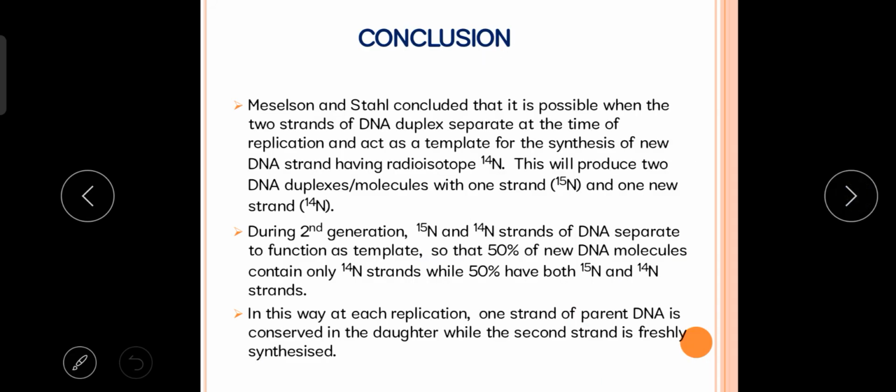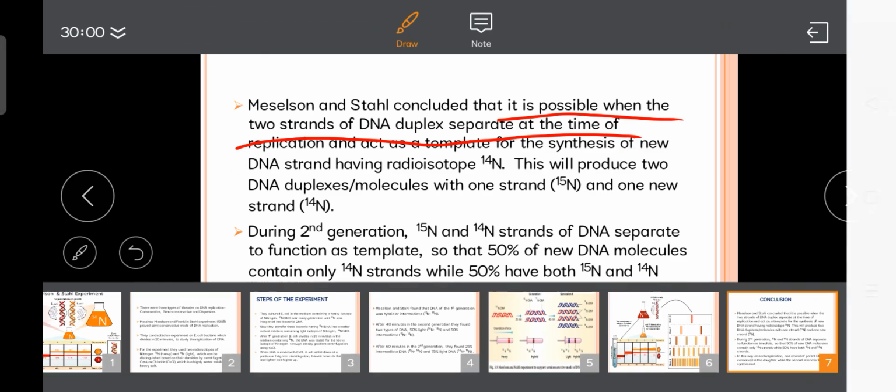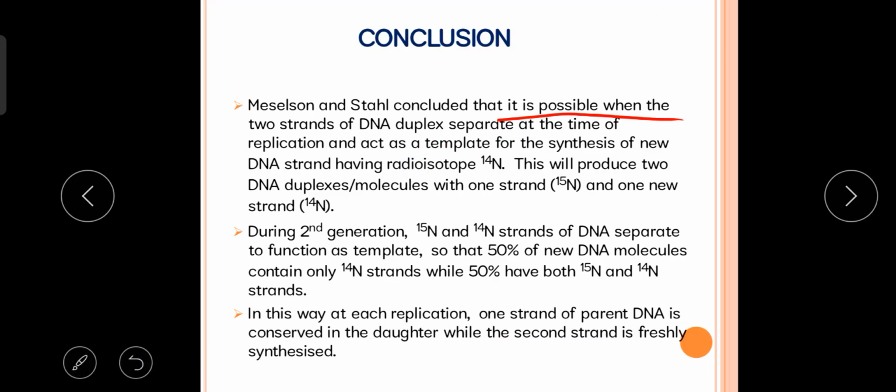Okay, so from this experiment they concluded that it is possible when the two strands of DNA duplex separate at the time of replication and act as template for the synthesis of new DNA strand having radioisotope 14N.